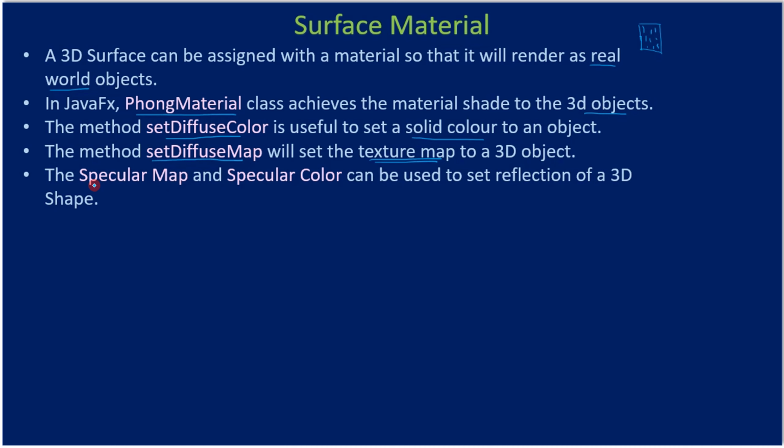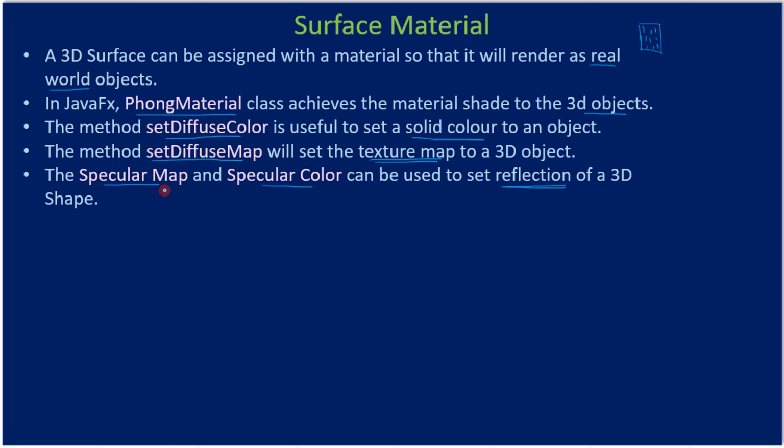The specular map and specular color can be used to set reflection of a 3D shape. If you want to set reflection, you can use the specular map as well as a specular color. But in order to use a specular map and specular color, we have to learn the concept of lighting in the 3D world.